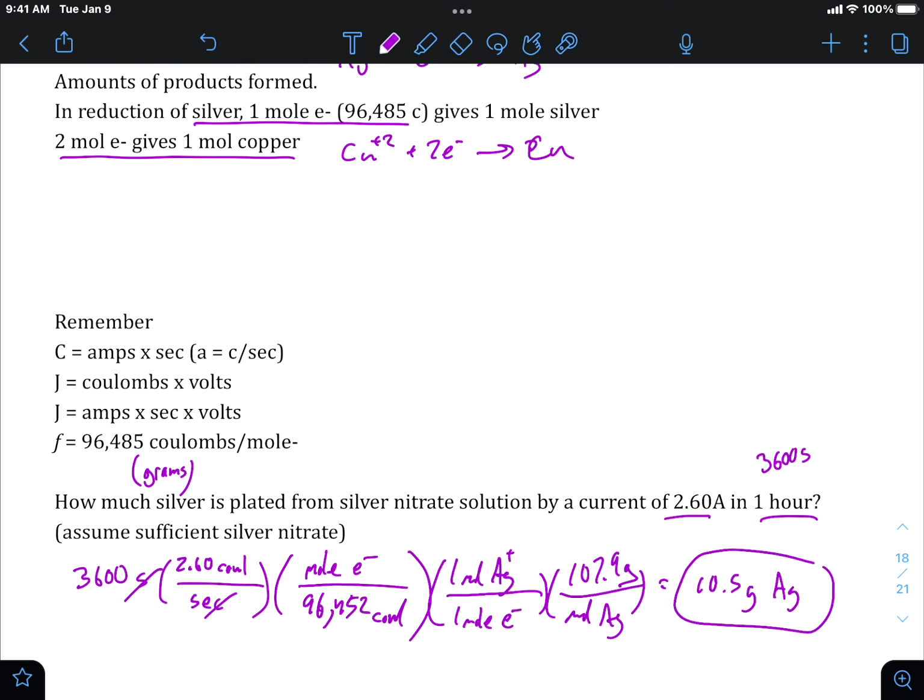We'll be able to plate 10.5 grams of silver if we let it run for 1 hour. And this is assuming that you don't run out of the aqueous solution.